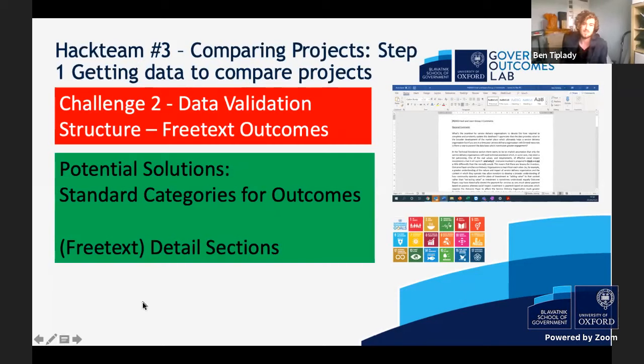Thank you. The second thing that we saw is, particularly on outcomes, and this relates a little bit to what Ruby was saying before, outcomes data is quite difficult to categorize if you take the pure text from what the outcome is.